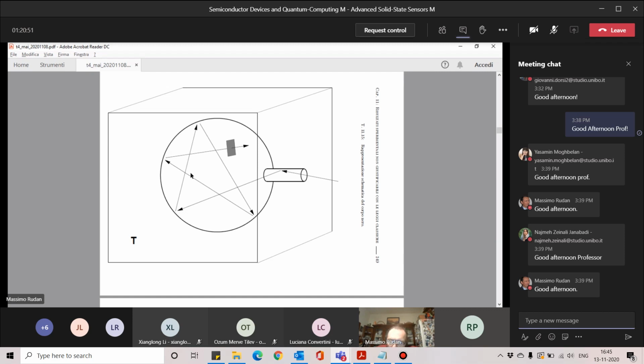So there will be no exchange, no net exchange of energy between the block of material and the radiation. Of course, for each elementary absorption or emission of radiation, there is an exchange of energy, but they balance each other.